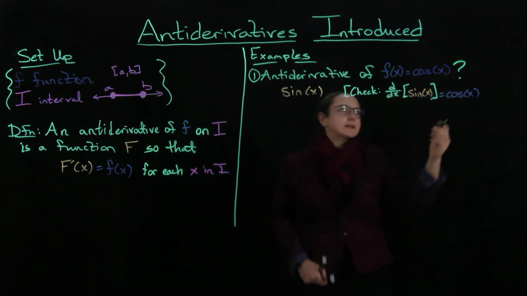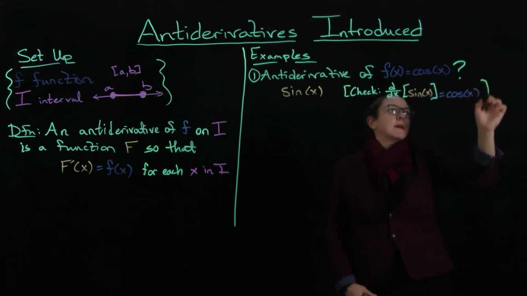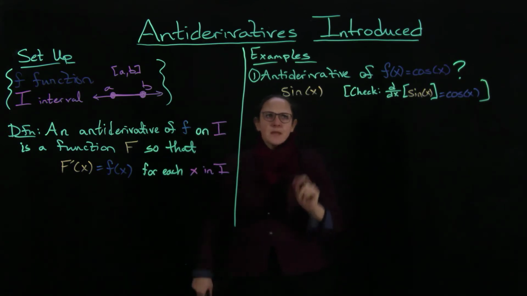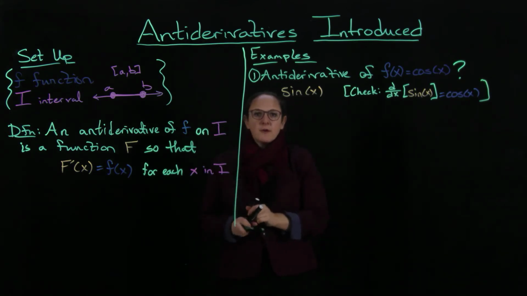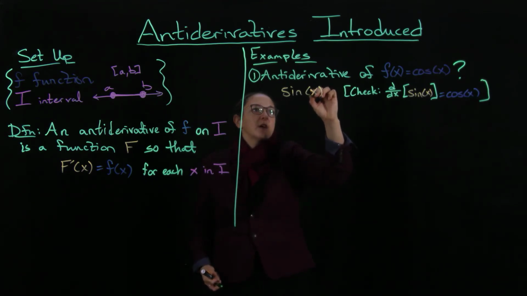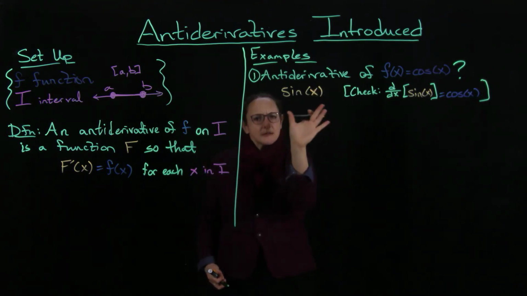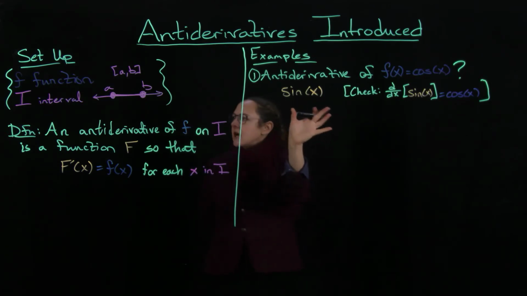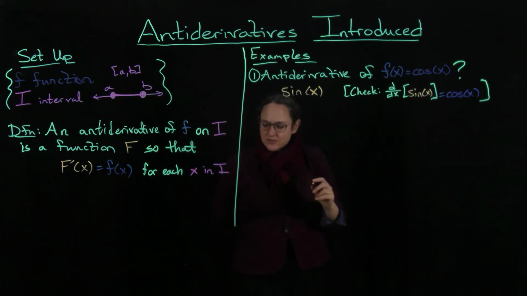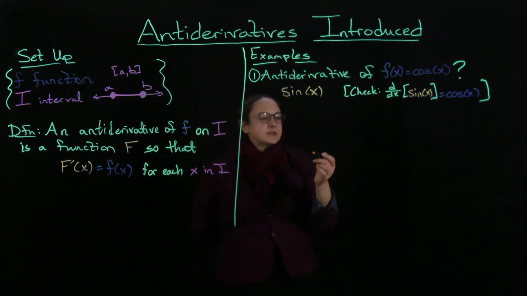Now we could look at this and say, wait. Yes, that works, but that's not the only thing that works, right? Because something that we know from last semester is that if I take the derivative of a constant, I get 0. So I could have added a constant to this. And this is actually highlighting why I say an antiderivative instead of the antiderivative, because there are going to be other options, right?